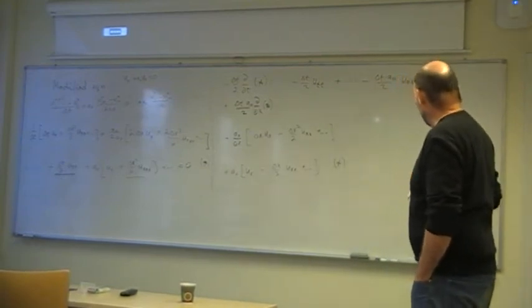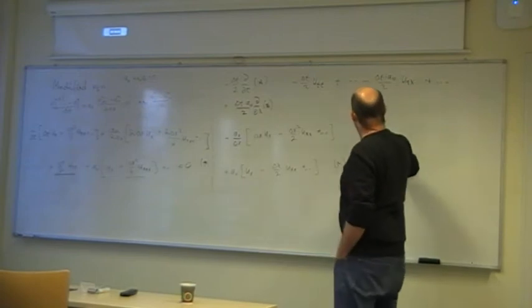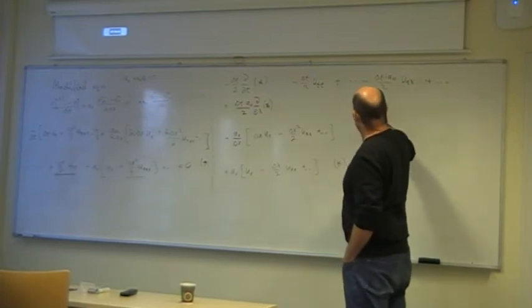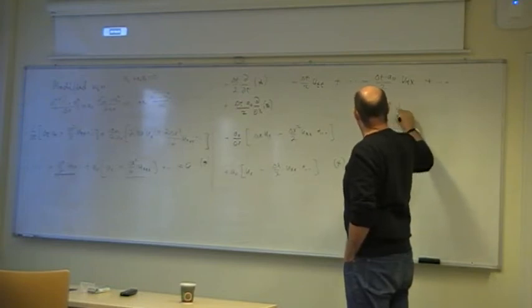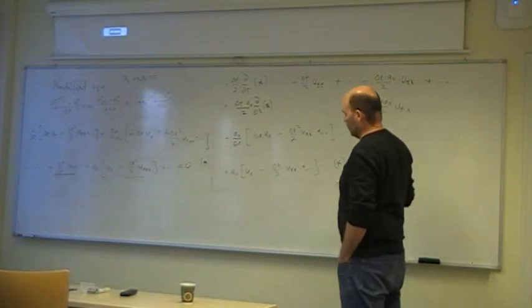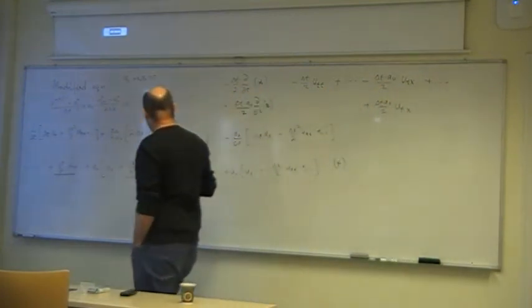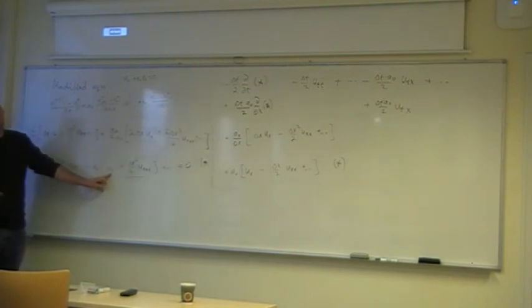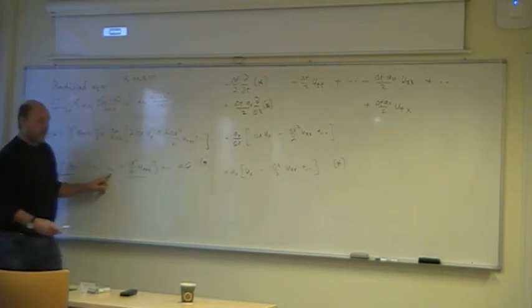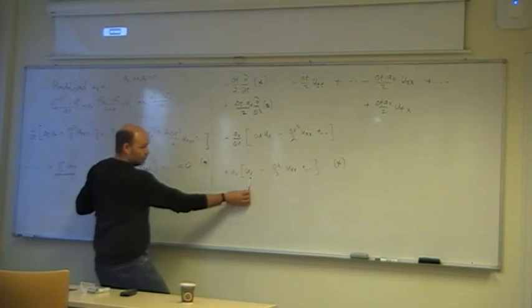What do I get then? Well, I get what I want. Here I will now have a term reading plus delta t a0 half, and now this mixed derivative. What else do I get? Well, I will get something from this one, and I get the same here as well.